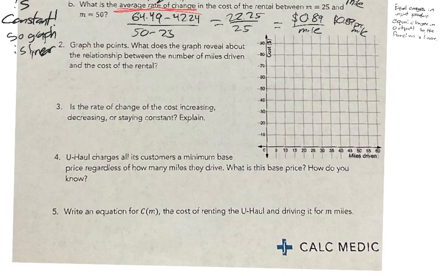Okay, 2, graph the points. So again, it's going to be an approximate graph. Let's see, we know at 10, we should be at 28.89. At 15, we should be at 33. At 25, we should be at 42.